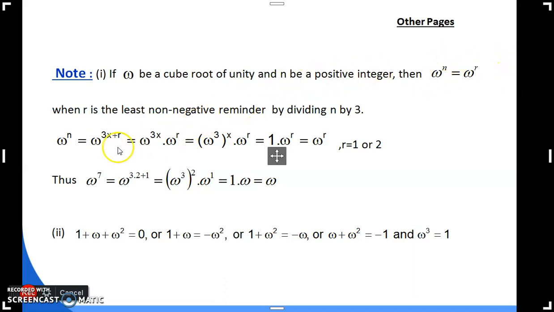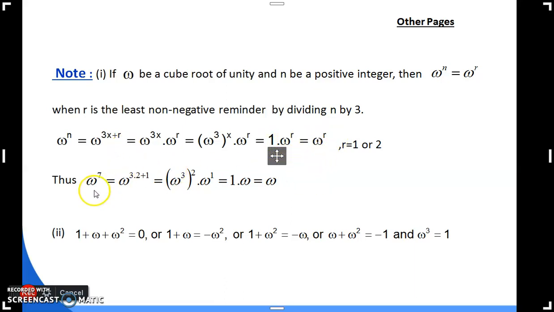Now you can write omega to the power n equals omega to the power 3x plus r, where x is the quotient and r is the remainder. That can be written as omega to the power 3x into omega to the power r, which equals omega cube whole to the power x into omega to the power r. And we know omega cube is 1. So 1 to the power anything is 1, into omega to the power r, that equals omega to the power r.